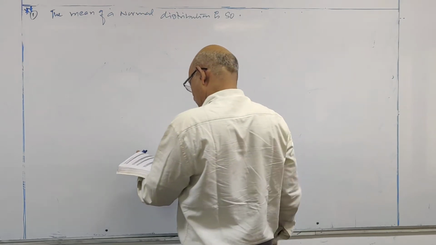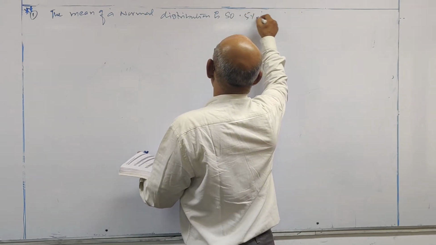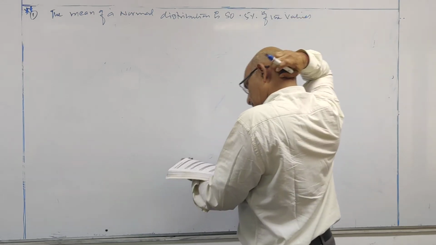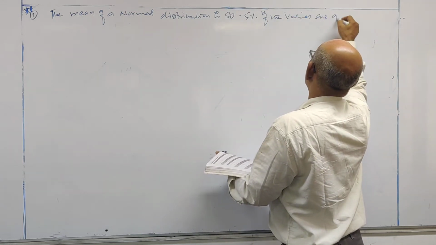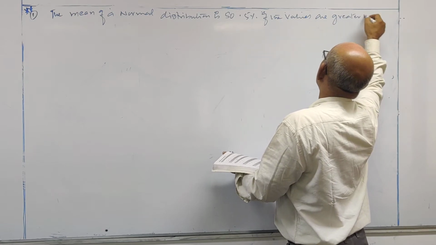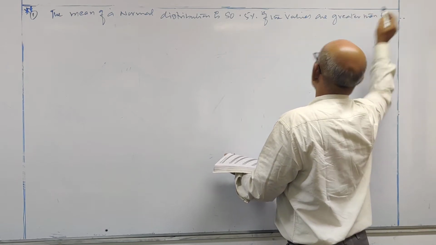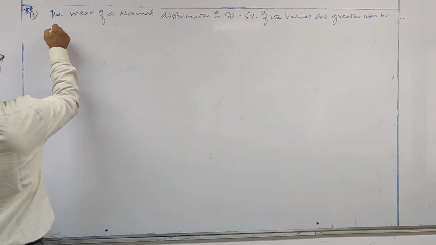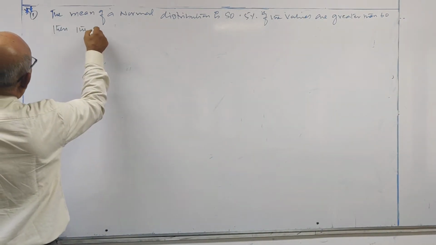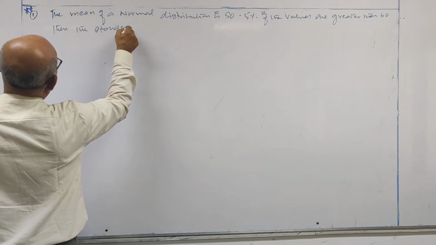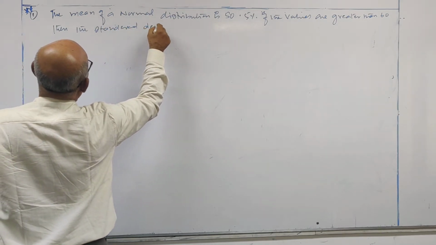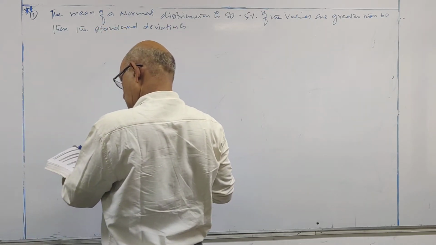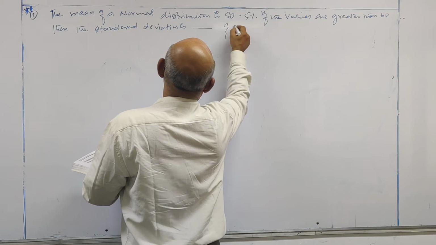And now 5% of the values are greater than 60. Then the standard deviation is given.